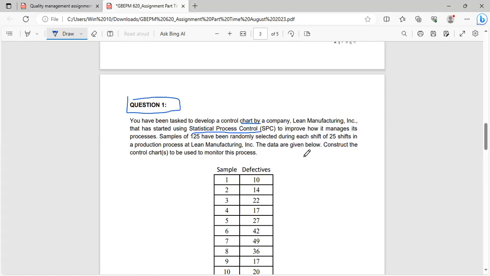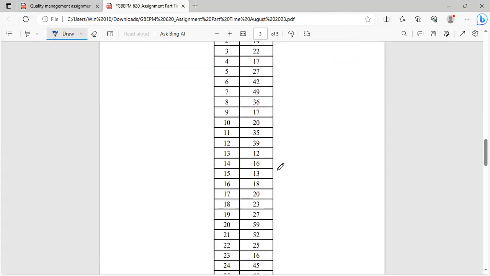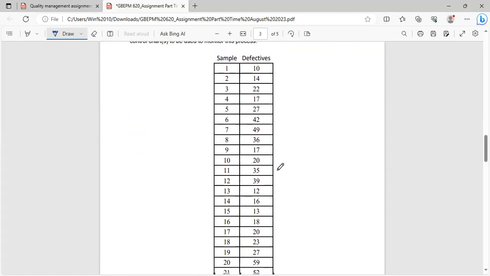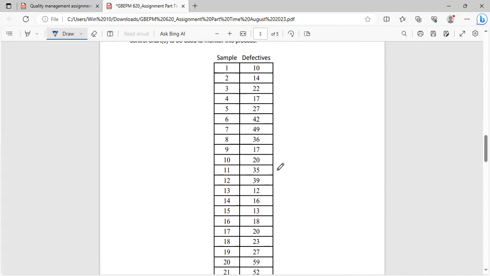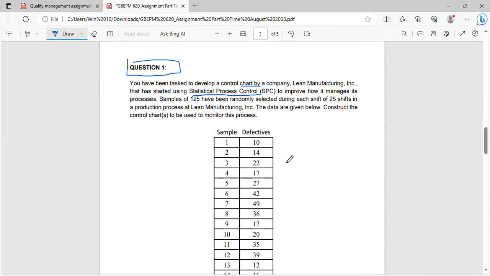The data are given below. Construct the control charts to be used to monitor this process. So we have samples 1 through to 25, and of course, we have the number of defective items in each sample.